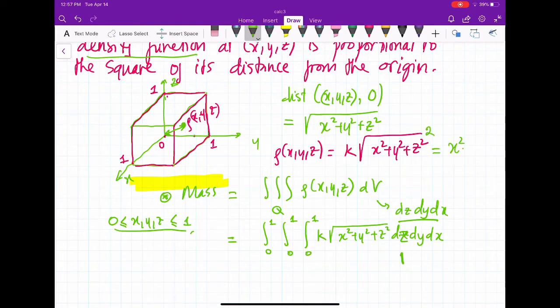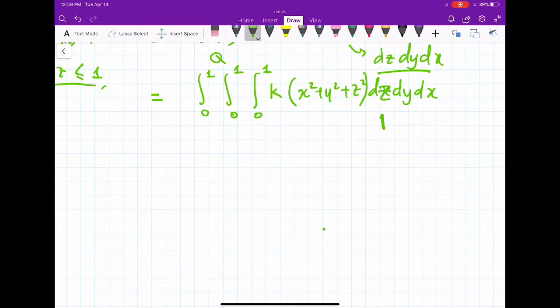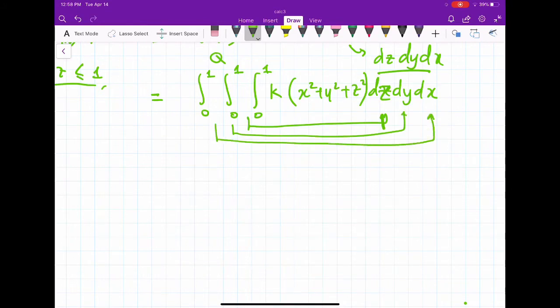That is just x squared plus y squared plus z squared. Forgive me about that. So in this integral, we don't have the square root. We just have k times x squared plus y squared plus z squared. All right. Now we integrate with respect to z for the inside function, and then for y, and then for x. Make sense?